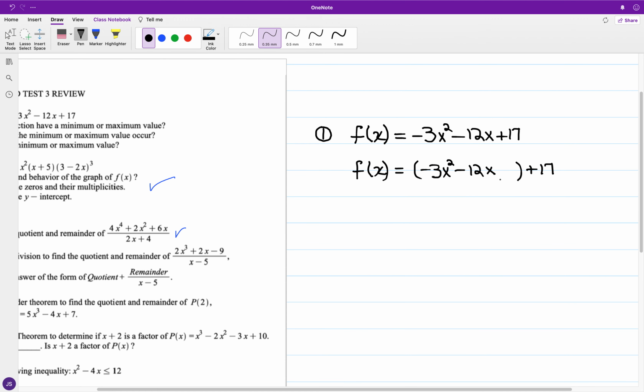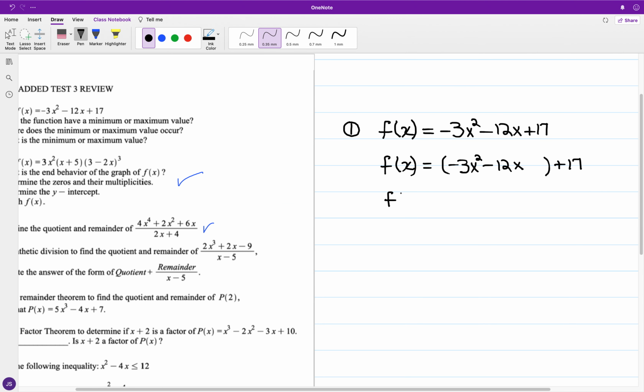And again, in terms of setting things up so as to be able to use the completion of the square, I'm going to rewrite what I have in parentheses such that the leading term inside is going to be x squared. So I had the leading coefficient right now at negative 3.